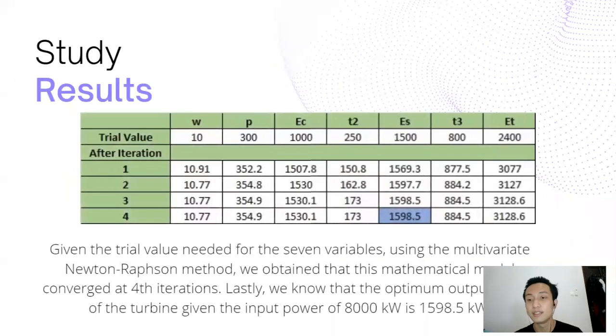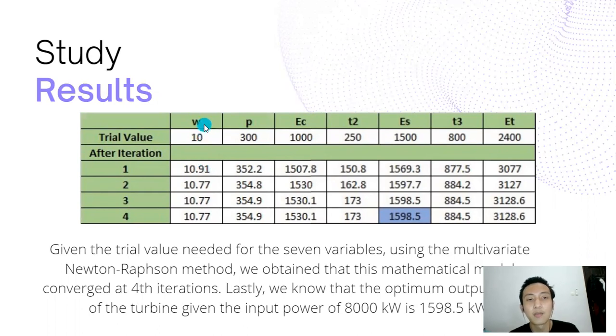Going back to our seven equations, those seven equations are then input into the Python code for the multivariate Newton-Raphson method. From the code we can get the details of these seven values at each iteration, and I put them in Excel in table form so that we can see it more clearly.